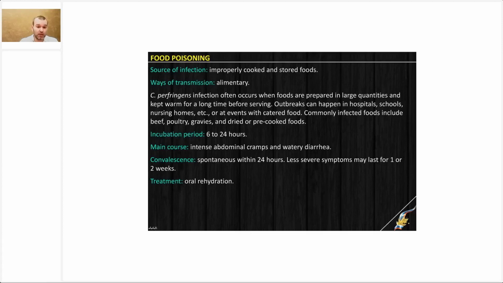Usually it is some institutes like schools, nursing homes, hospitals or other, or some events when catered food is prepared and kept for a long time. Any person can come and eat it for the whole time of the event. So usually types of products which are associated with Clostridium perfringens food poisoning are different types of meat, maybe dried or pre-cooked food, gravies, and etc.